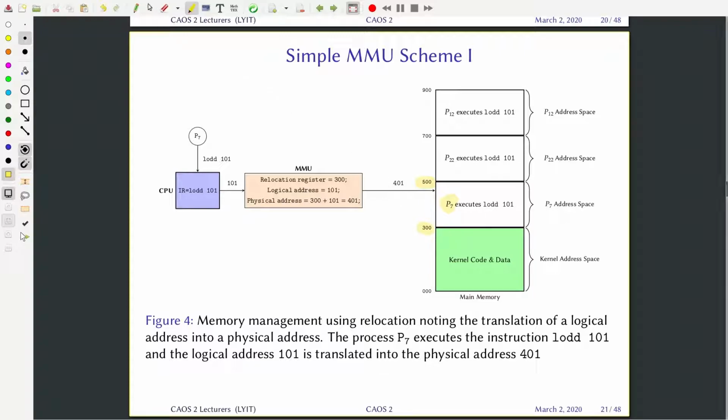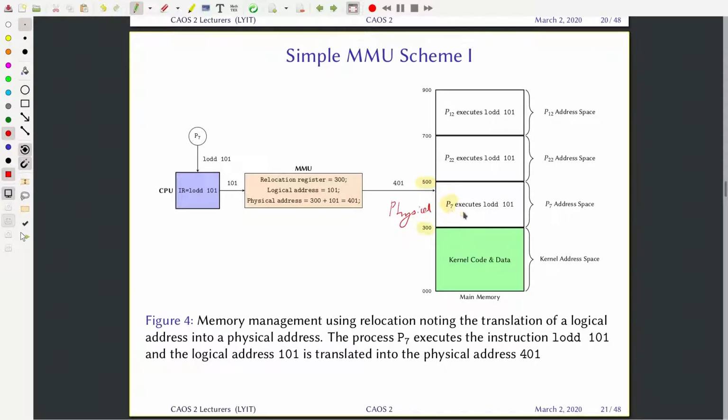So these addresses that I'm highlighting here are physical addresses. Okay, so they are actual RAM addresses. They're addresses that exist in the circuitry of the main memory.